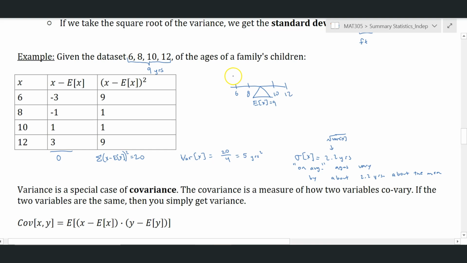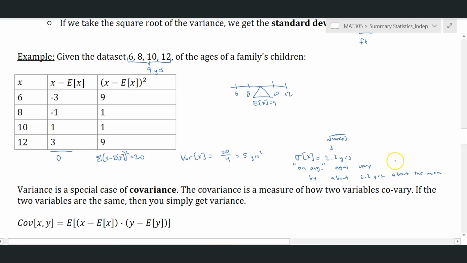So all we're saying is that the average amount of spread from the mean is about 2 years. So it's a little more, right? Because you have this 6-year-old, which is 3 years away, and this 12-year-old, which is 3 years away, but then you have these two 8 and 10-year-olds that are only 1 year from the mean.